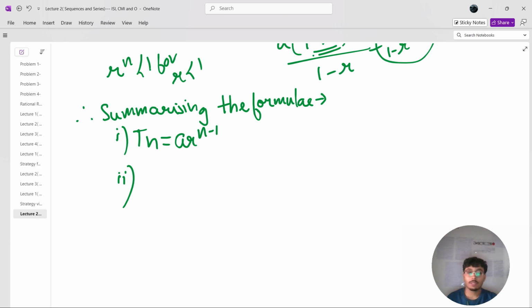Then comes my Sn, which is basically a into 1 minus r to the power n by 1 minus r, or a into r to the power n minus 1.